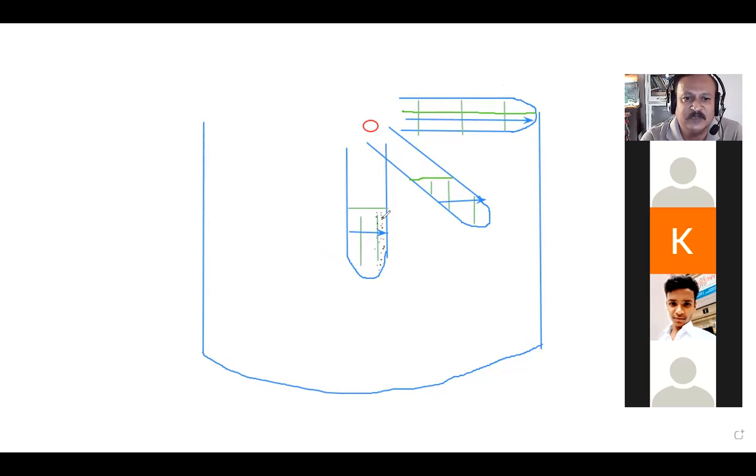I hope this is clear to you. The sample components would probably come here. And in this case, in fact, all the sample components will go towards the bottom of the tube, exactly at the bottom of the tube.